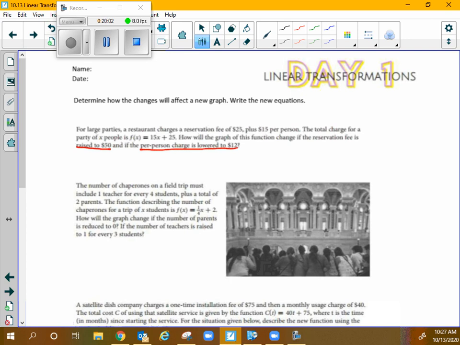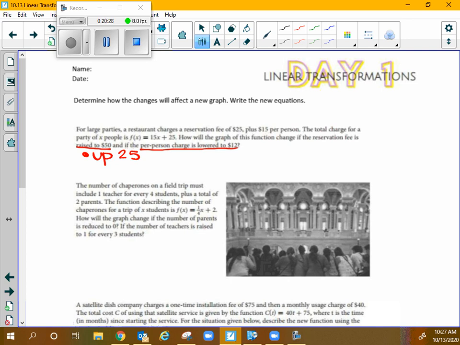How many transformations? 2. What did they describe first? They increased the fee by how much? 25. So what happened to the graph? Up 25 units. It went from 25 to 50. What else did they tell you?